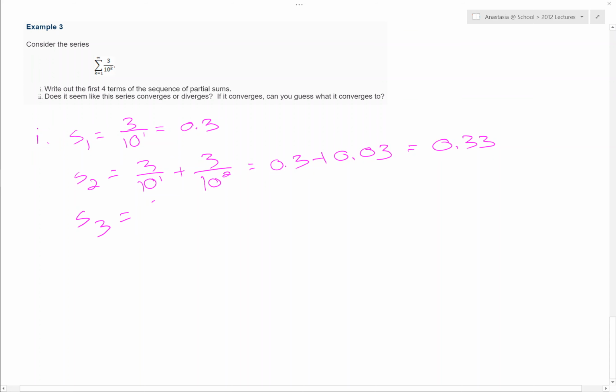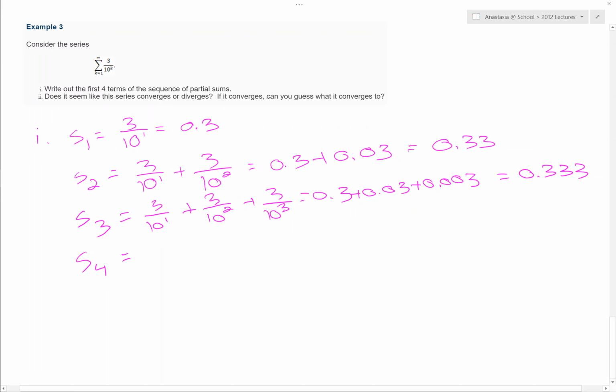S sub 3 is the first three terms, 3 over 10 plus 3 over 10 squared plus 3 over 10 cubed. That's 0.3 plus 0.03 plus 0.003, which is 0.333.